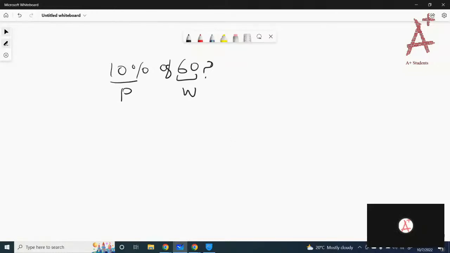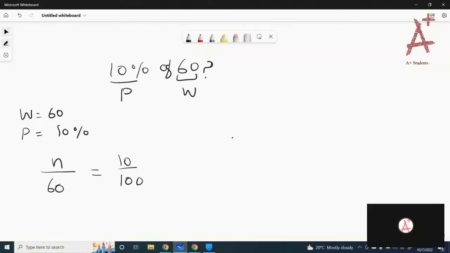So the whole is 60 and the percent is 10%. You have to form a ratio. You have to find the part of this whole number, so it would be n divided by 60, and the percent divided by 100.